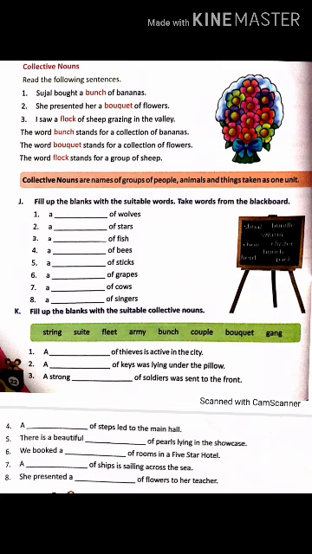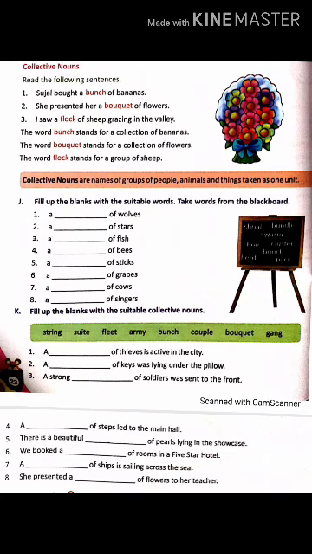Like a pack of wolves, a cluster of stars. A group of fish is called what? School of fish. So you have to learn that, dear. A constellation of stars. You have to learn that particular word of collective nouns. And the last question is again of collective nouns.